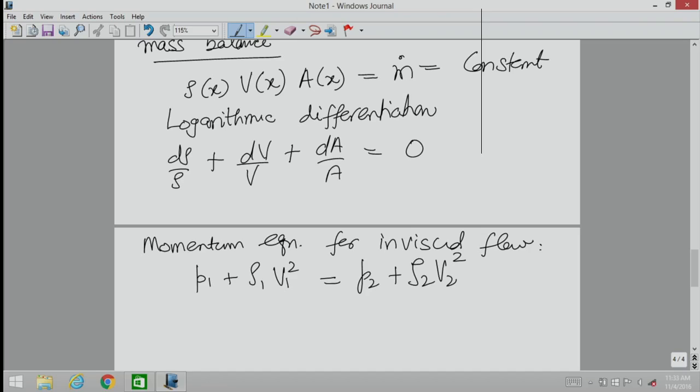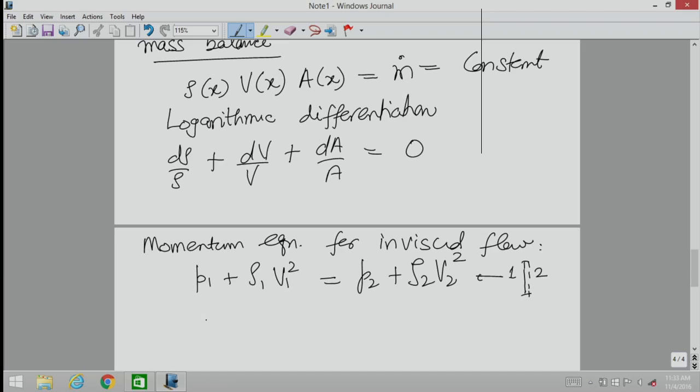This is a very thin strip. This is 1. This is 2. Area is the same. So I'll get P1 minus P2 into area will be equal to minus rho V1 square A plus rho V2 square A. And when I apply this, I get P1 plus rho V1 square is equal to P2 plus rho V2 square.